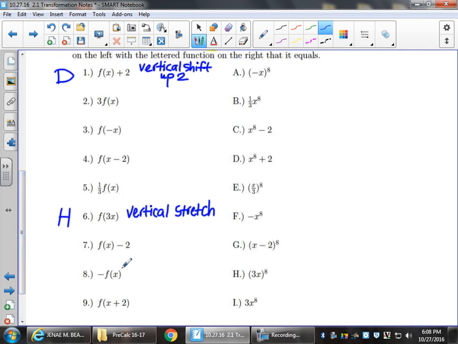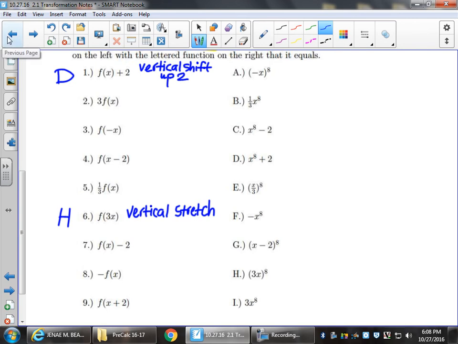Just because I can't help it, let's do one more. Trying to read your mind and see which one you want to do. I'm thinking number 5. Let's look at number 5. 1/3 times f of x.